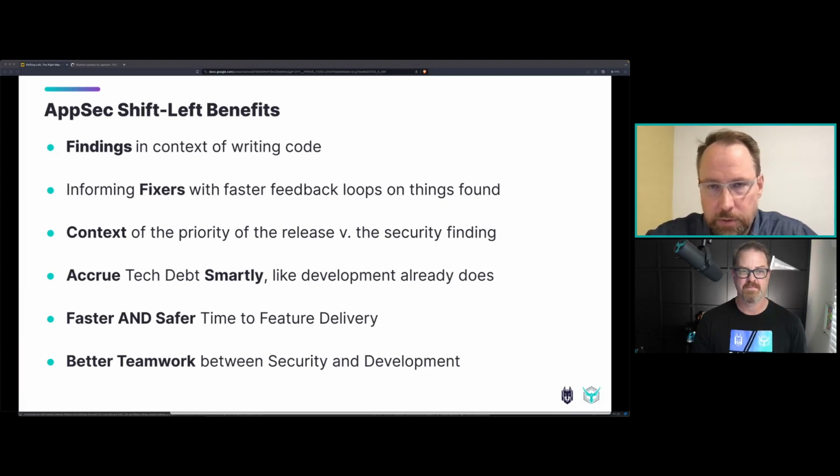But you've got to figure out the ones that do matter, just like you do with a bug. If it's a showstopper bug, you're going to fix it. If it's a showstopper security issue, you need to fix it. But how do you know which ones are showstopper security issues? That's a trickier proposition. But I like that idea too. We have to figure that out, because that's how security and development are going to work together. We're not going to get developers to spend a full sprint just doing security bug reviews.